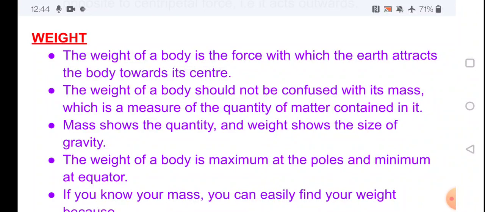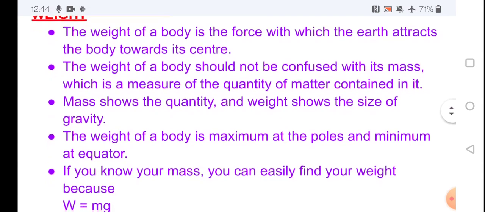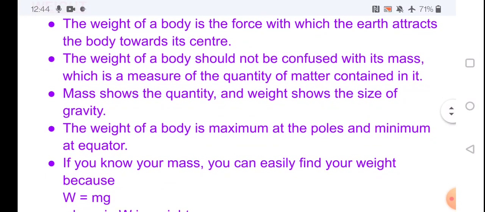Next, weight. The weight of the body is the force with which the earth attracts the body towards its center. The weight of the body should not be confused with mass. Mass is different and weight is different.